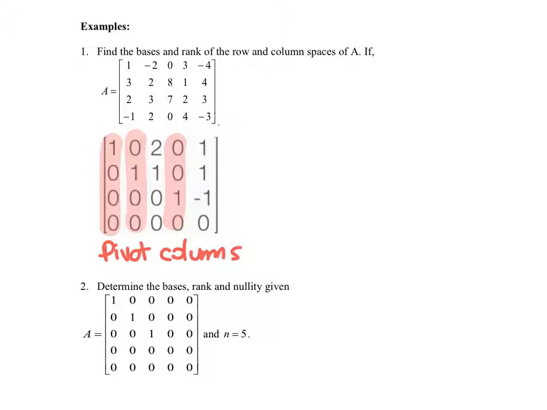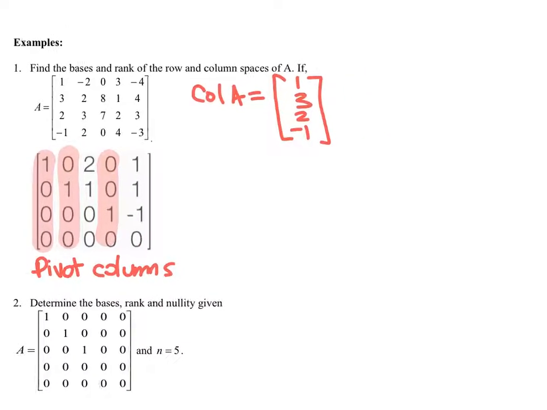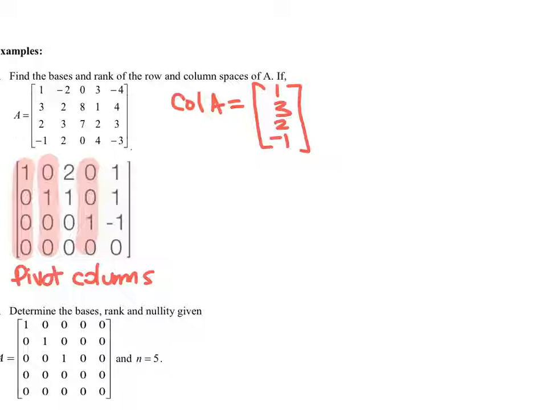So the column space of A is going to be the first, second, and fourth columns. So these form the basis of this real space.